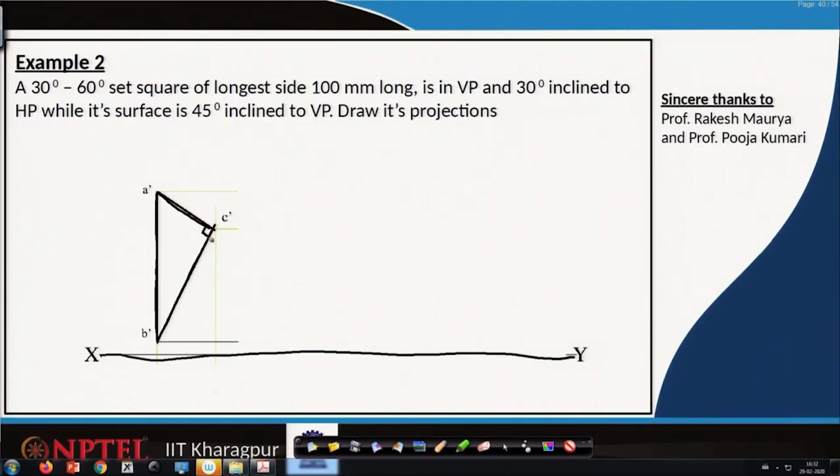This is the 90 degrees angle, this one 60 degrees and this one 30 degrees. And look at the points in the frontal plane, A prime, B prime and C prime. These always have projections downwards, and this point also downwards.